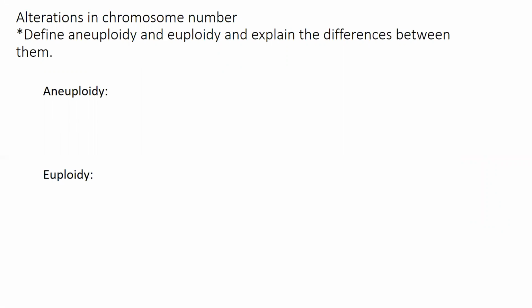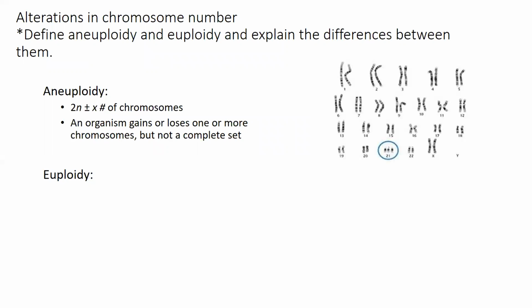So, what is the difference between aneuploidy and euploidy, right? These two terms are under alterations in chromosome number. Aneuploidy involves the diploid number plus or minus an X number of chromosomes.